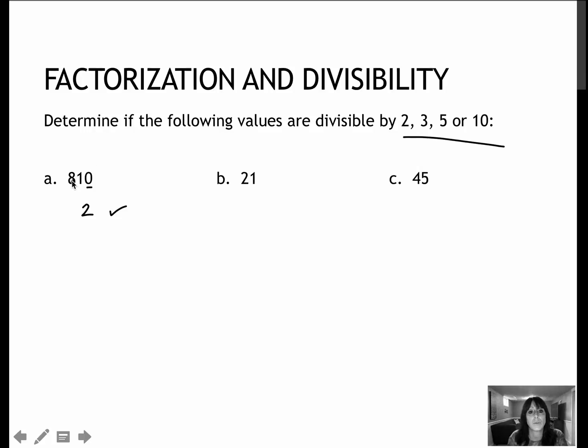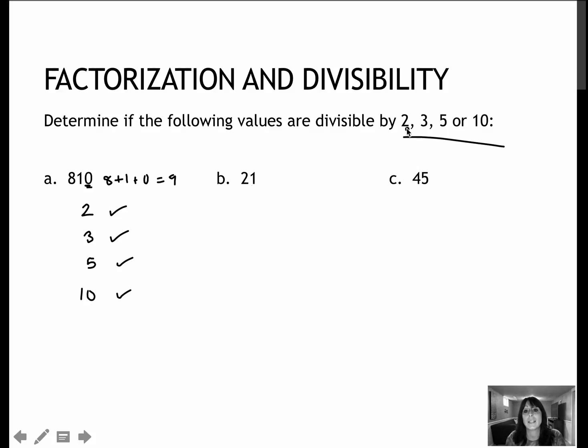I would take 8 plus 1 plus 0, which is 9, and 3 goes into 9, so yes, it's divisible by 3. Is it divisible by 5? Yes, because it ends in a 0 or a 5. And is it divisible by 10? Yes, because it ends in a 0. So this one was divisible by all 4.